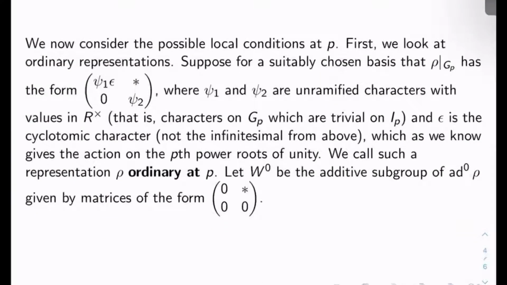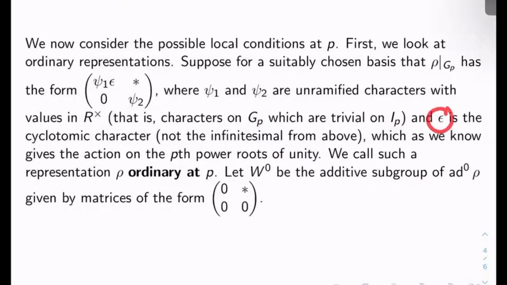Well, we'll consider possible local conditions at P. First, we'll look at ordinary representations. Let's suppose for a suitably chosen basis that rho restricted to G_P has the form (psi1 epsilon, star; 0, psi2), where psi1 and psi2 are unramified characters with values in R cross. That essentially means these characters on G_P are trivial on I_P.